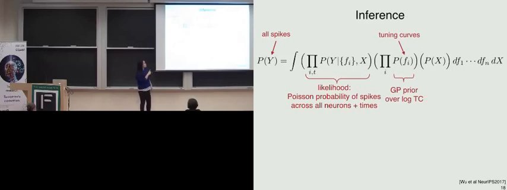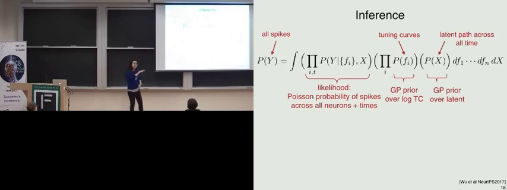The second component is the tuning curve prior, P of F. This is a Gaussian process prior, right? And the third component is the prior over the latent process, which is the first part in the graph I just showed. And we marginalize over the latent X as well as the unobserved tuning curve to get this marginal distribution.